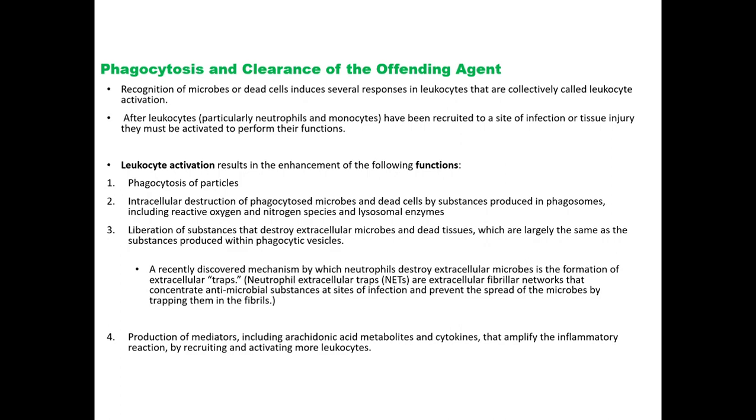The phagosome is a vacuole containing the microorganism, including reactive oxygen and nitrogen species and lysosomal enzymes. 3, there will be liberation of substances that destroy the extracellular microbe and dead tissue, which are largely the same as the substances produced within the phagocytic vesicle. 4, production of mediators, including arachidonic acid metabolites, which we will explain later, and cytokines that amplify the inflammatory reaction by recruiting and activating more leukocytes.